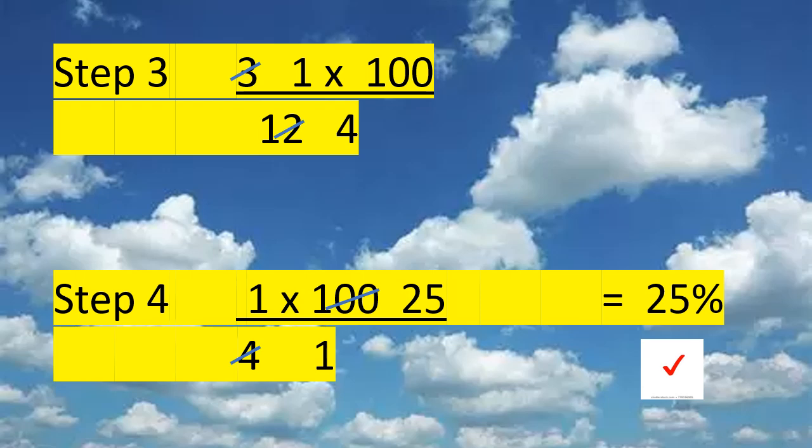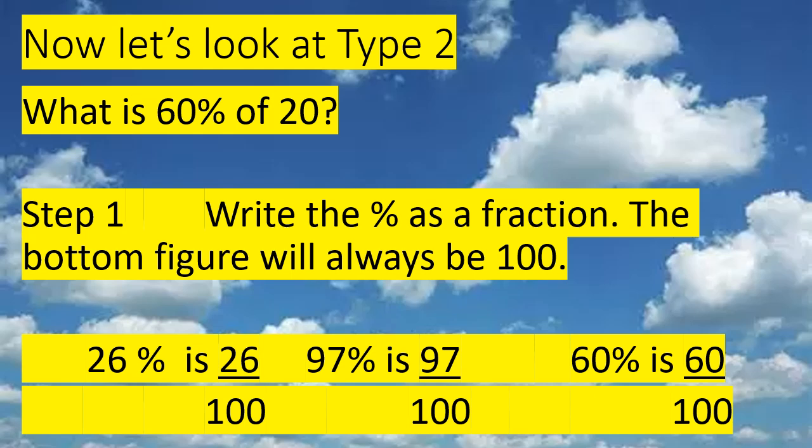And we can divide again, step 4. So we can divide the top and the bottom by 4. So on the bottom, 4 divided by 4 equals 1. On the top, 100 divided by 4 equals 25. And that is the answer, 25%. Okay, those were both type 1.